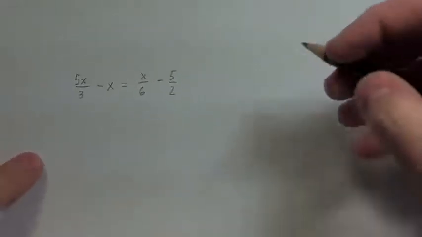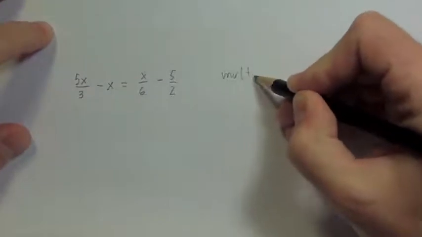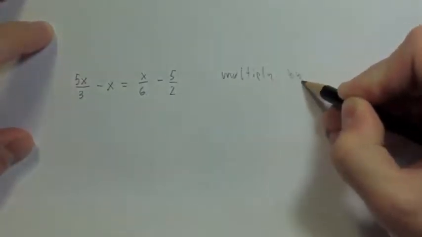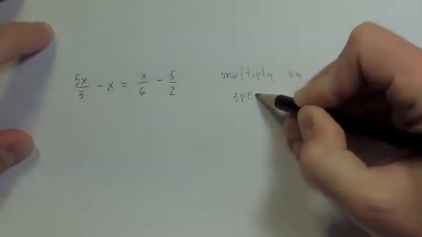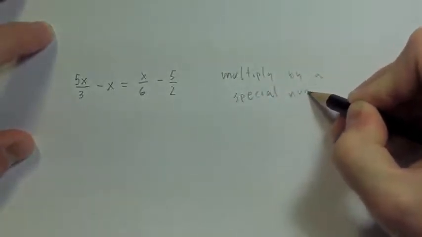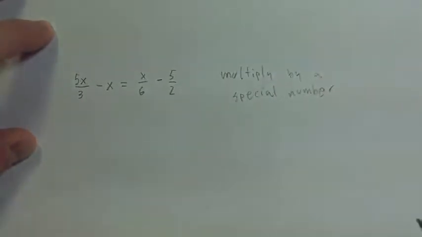So what we're going to do is multiply by a special number. Okay. What is that special number? Well, in this case, I'm going to try 6.